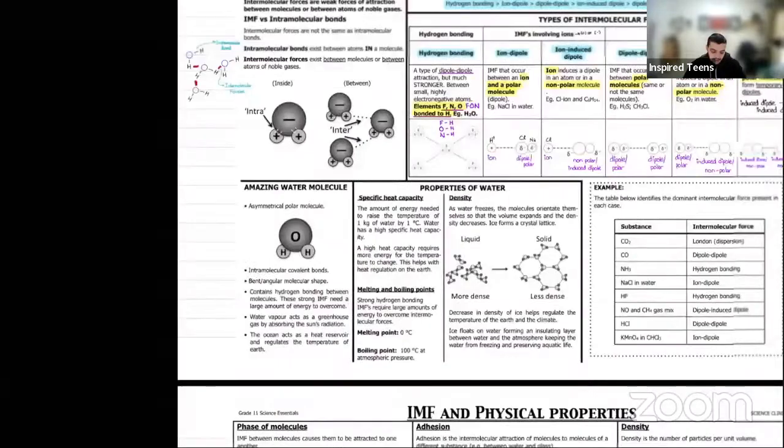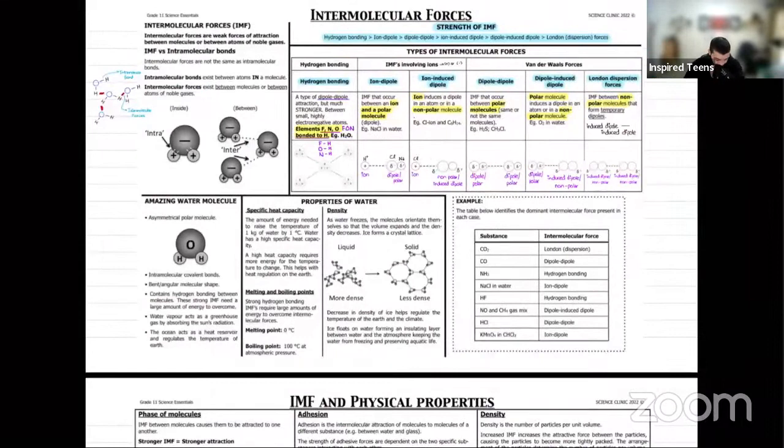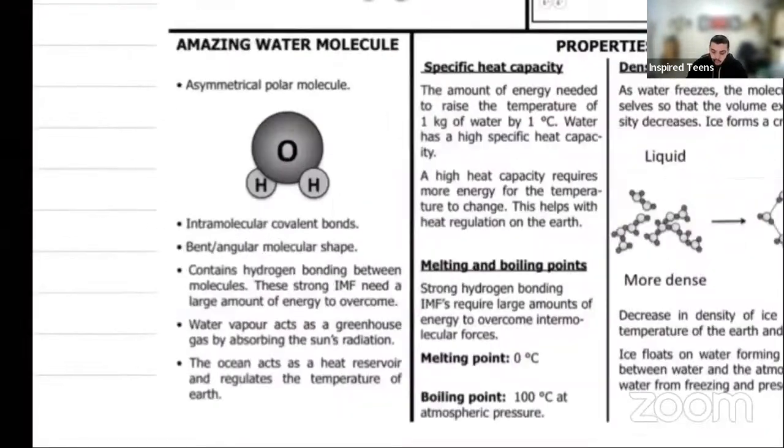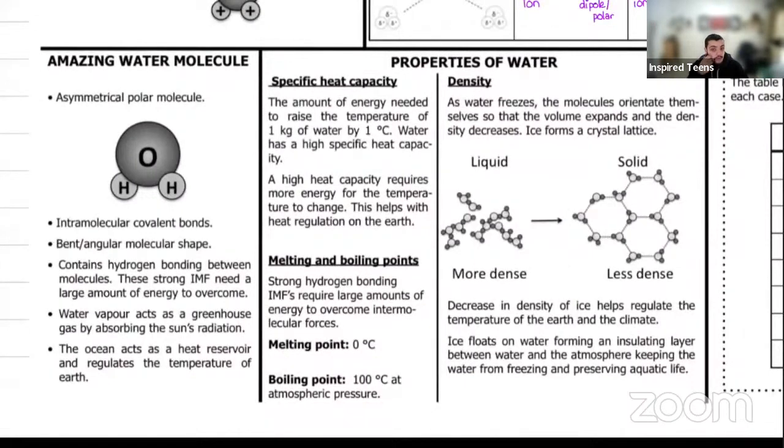So that's the pattern that you'll notice here: the stronger the intermolecular force, the more energy it will require. We don't break intermolecular forces, we overcome them. So the stronger the intermolecular force, the more energy it requires to overcome.